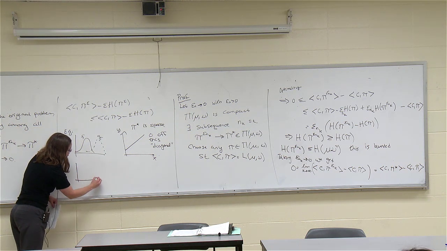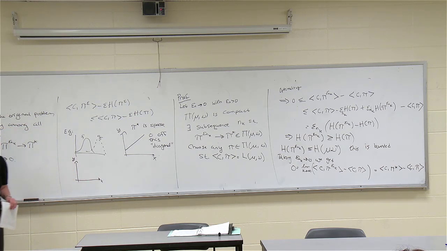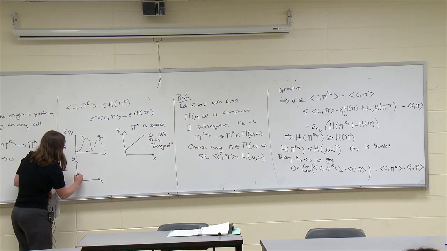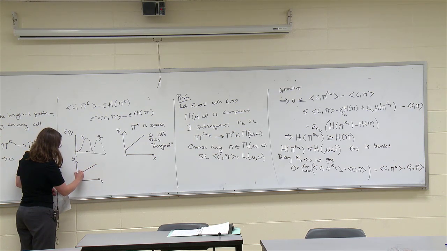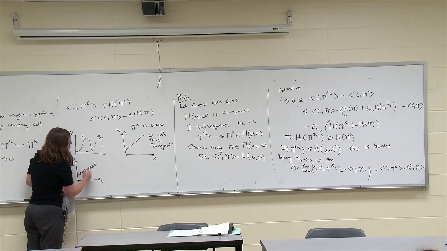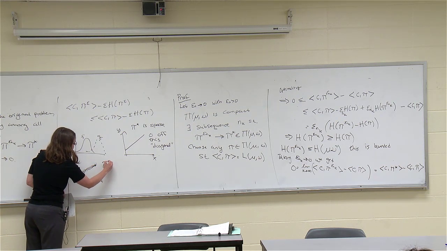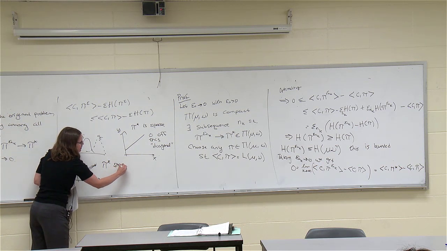Pi epsilon is going to give us another feasible plan, but it's going to increase the entropy of it a little bit. It's going to say, here's where we really want mass to be concentrated, but this line is going to be a little bit fuzzy. So pi epsilon would be something like this. Smear out the plan.